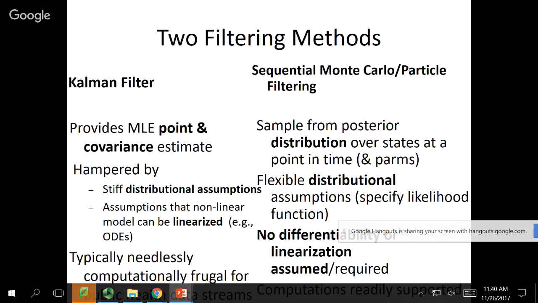Now, Kalman filtering can be highly effective for linear systems, but point estimates can be highly problematic when we have nonlinearity in place, when we have a nonlinear system. But also, reflecting its simplified character relative to particle filtering, Kalman filtering is limited by really stiff distributional assumptions.